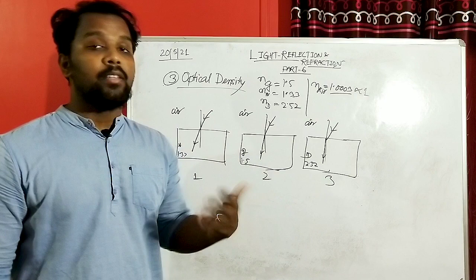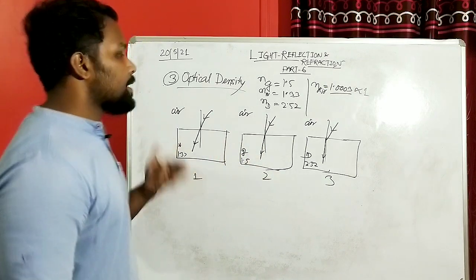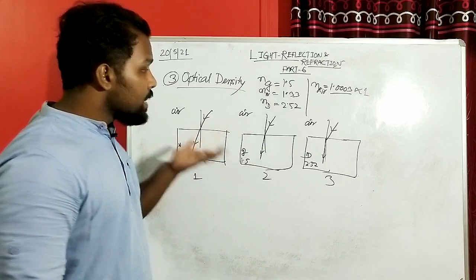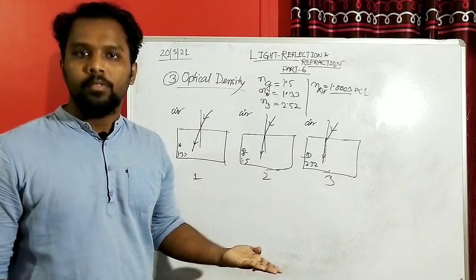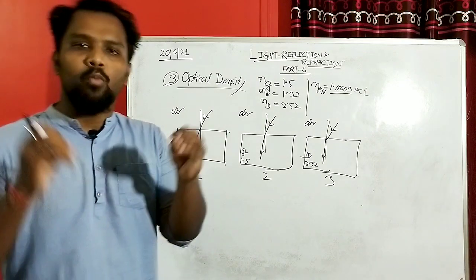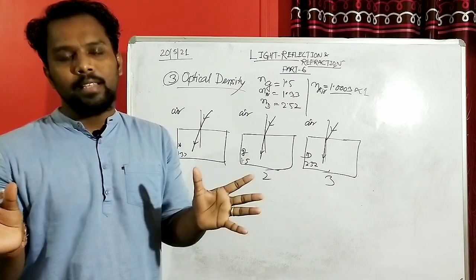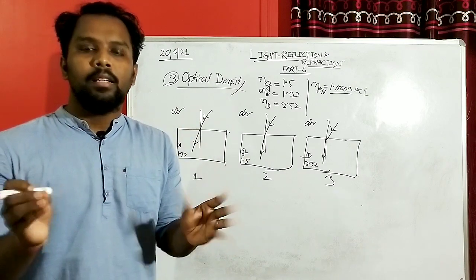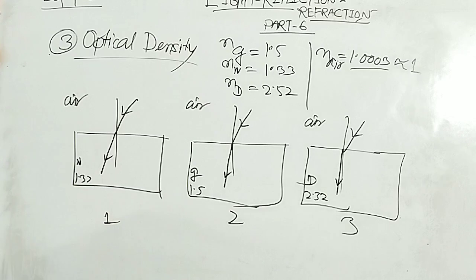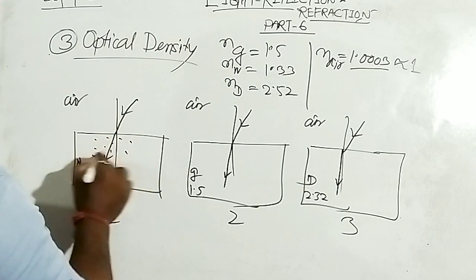Why is that the case? From this concept, we can say that once the refractive index increases, the density of the medium also increases, right? And density means what? If there is more density, the space between the particles is less. If there is less density, the distance between the particles is more. So in case of water, we can consider the particles a little bit like this.